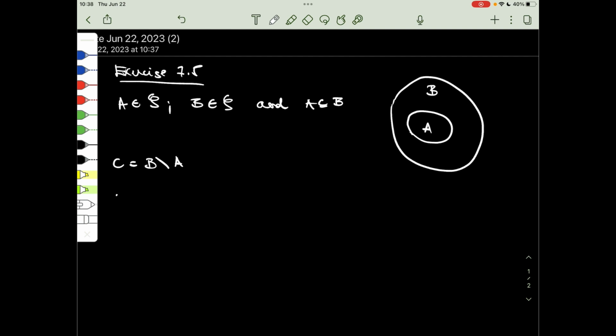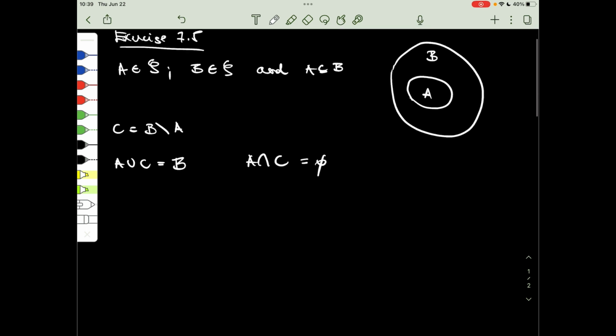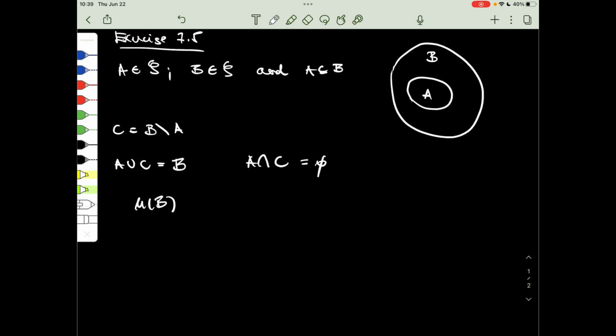First, note that the union of A and C gives B. This is one very good consequence. And the other is that set A and set C are disjoint. So, thanks to the fact that mu is a measure, we can write the following.